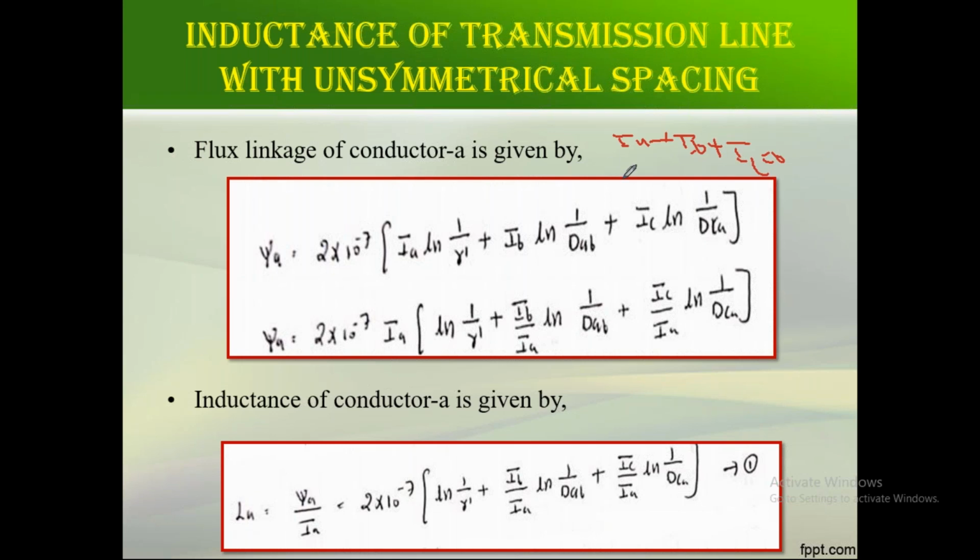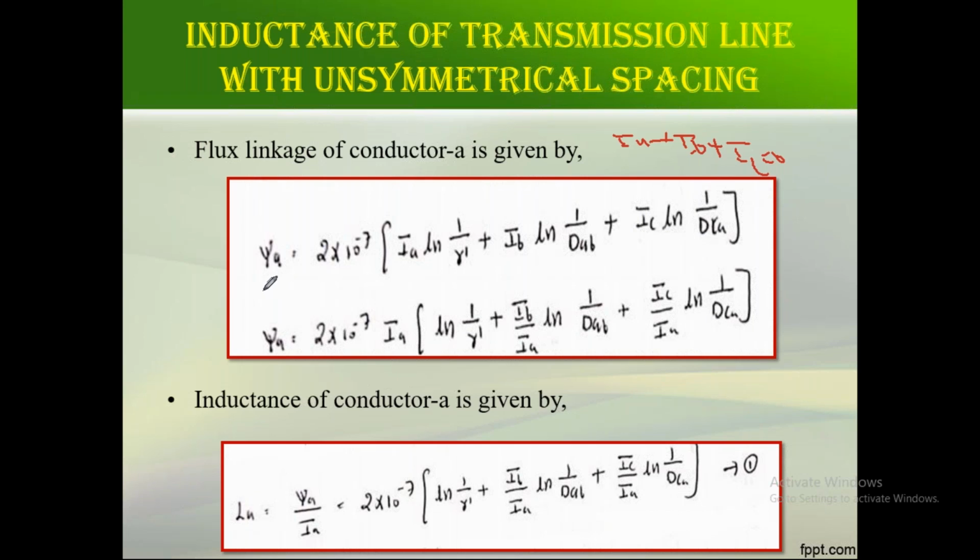It is unsymmetrical, sir. Because of the unbalanced condition, the current carried by each conductor is different, so we can't use this equation. In this situation, we go for another method. Let me see what that method is.